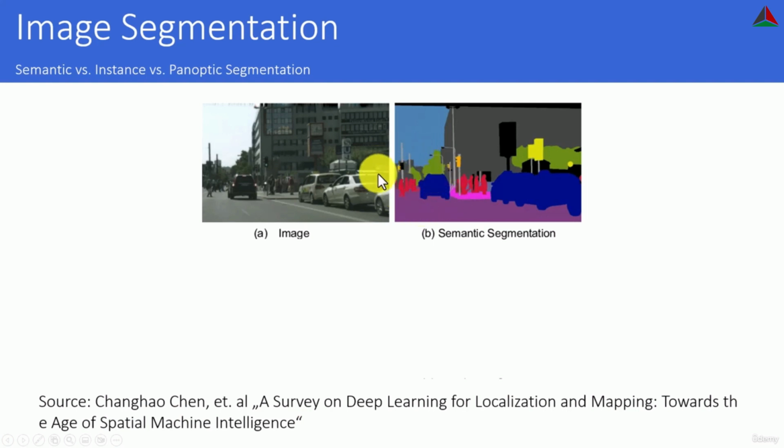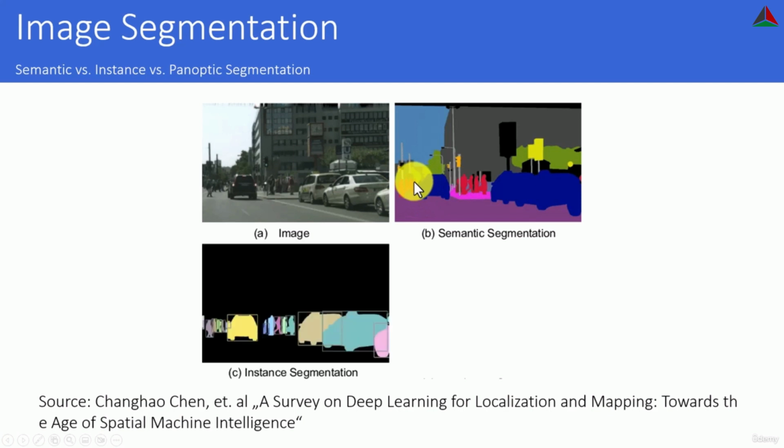And to overcome this, because in certain cases it's important to not just be able to predict stuff, but also to predict individual things, for this we have instance segmentation. And here you can see the same image. And now with instance segmentation, you can see there are actually different colors for the different cars.